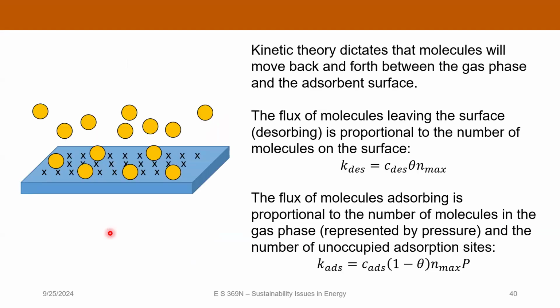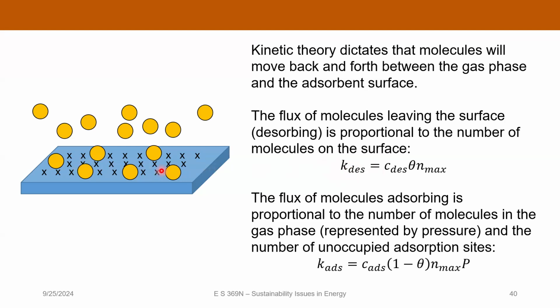Now, if we think about the kinetics of this process, there's always going to be some exchange back and forth between the adsorbent surface and the gas phase. And so we'll assume that there is some flux between the gas phase and the surface. We'll call the desorbing flux K desorption. And we'll assume that that's going to be somehow proportional to the number of molecules that are actually on the surface, which makes sense.